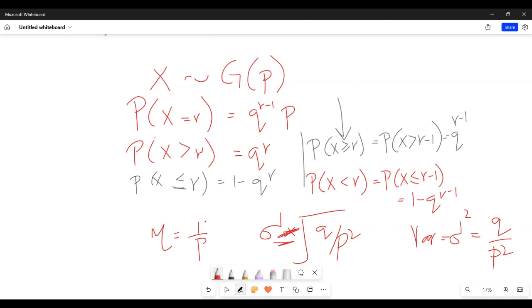Now let's take a look at the worksheet questions. Most of these formulas would be given to you in the formula sheet. Just give me a second to show that to you.